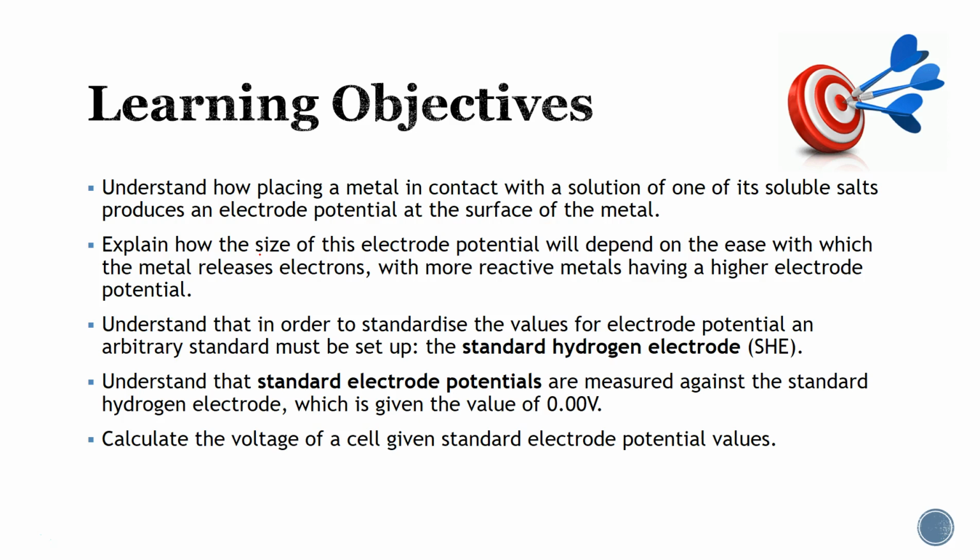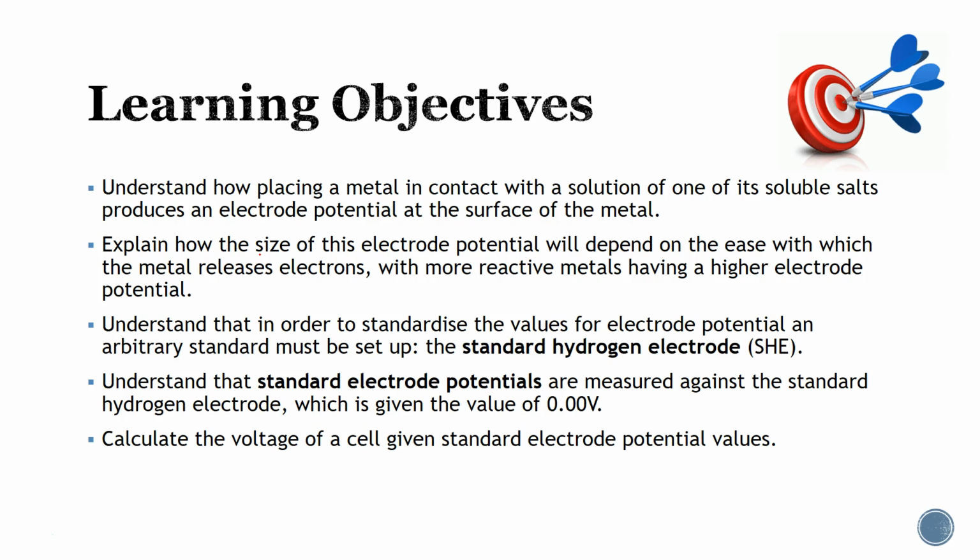So how easily the solid metal will release electrons, and how more reactive metals will have what we call a higher electrode potential. We need to understand that this was standardized against, of course, like most things in chemistry, a reference standard, and this is the standard hydrogen electrode, which we've already talked about.